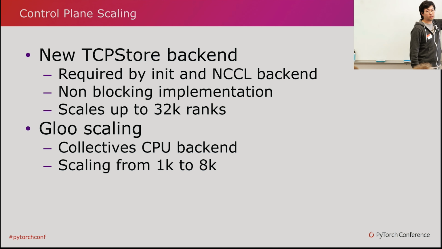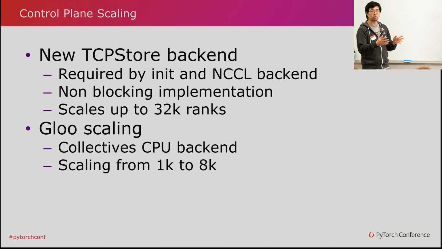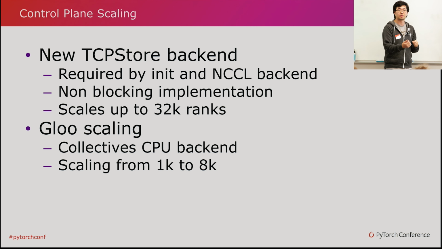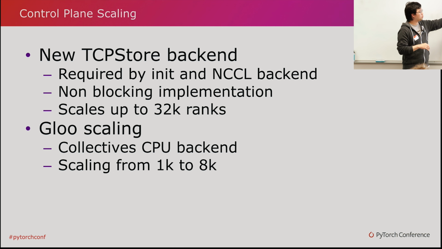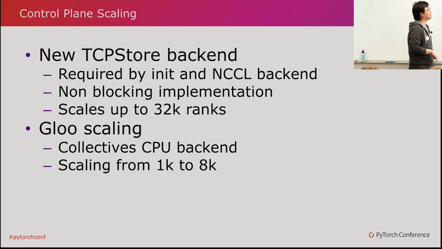And the TCPStore is a key value store. It is centralized, usually hosted on rank 0, and it is responsible for exchanging the data which doesn't fall into the categories I mentioned above. So these are the roles of them in the PyTorch Distributed backend.